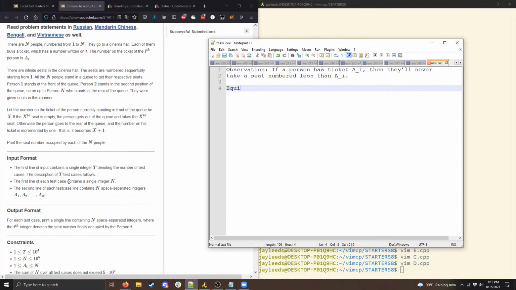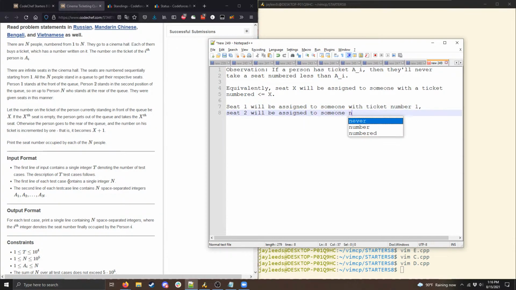And equivalently, seat x will be assigned to someone with a ticket numbered less than or equal to x. And what we can do with this is we can say, okay, seat 1 will be assigned to someone with ticket number 1. Seat 2 will be assigned to someone numbered 1 or 2, etc.